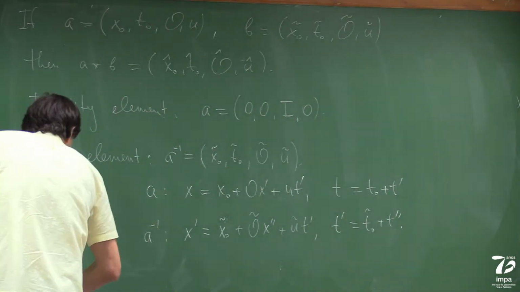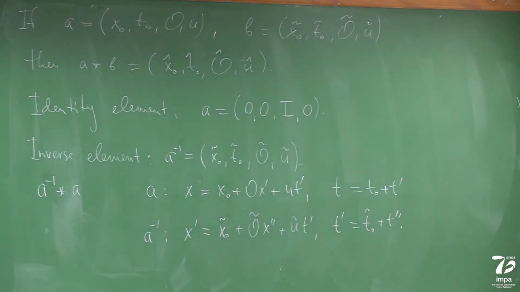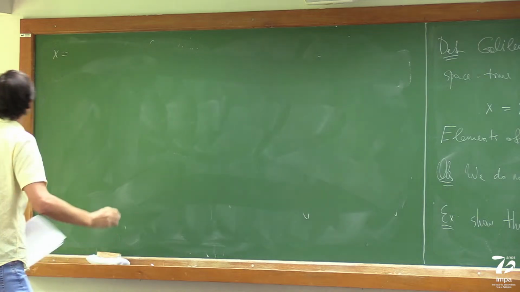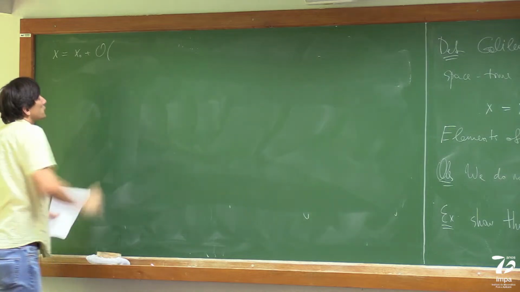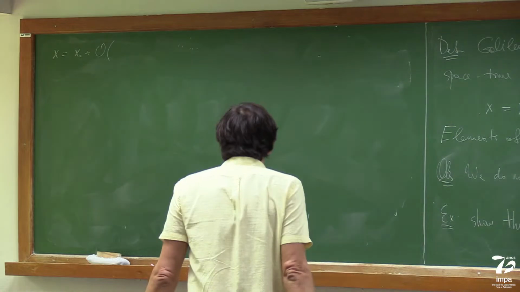So x equals, I'll write it separately, 0 plus O, here there is x prime, which we put from the lower relation.